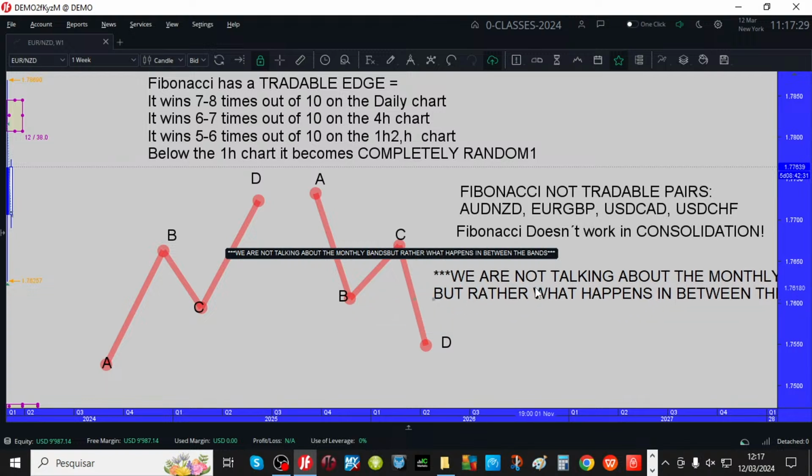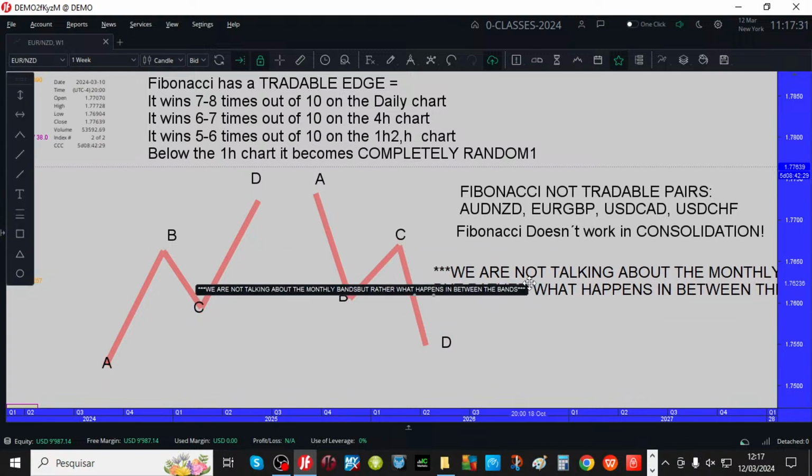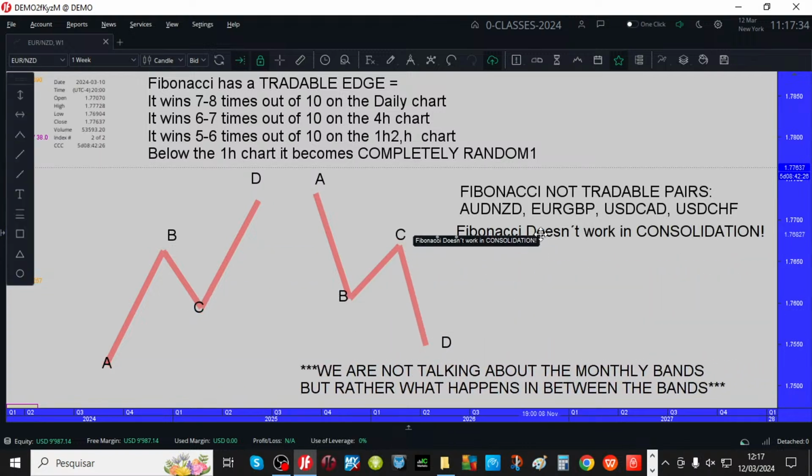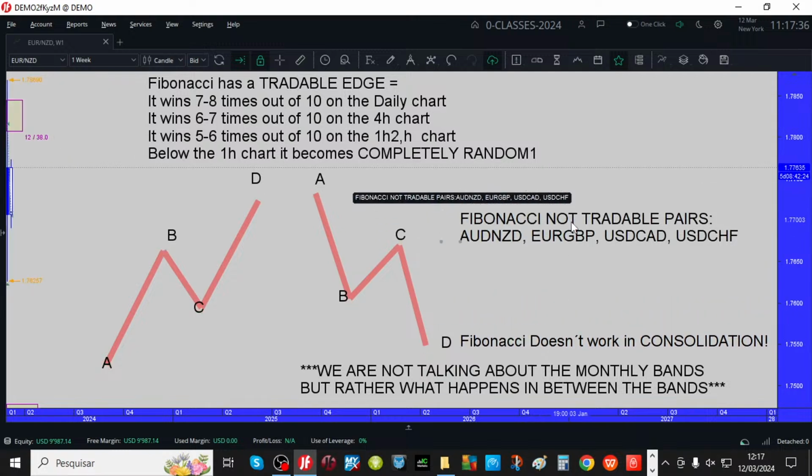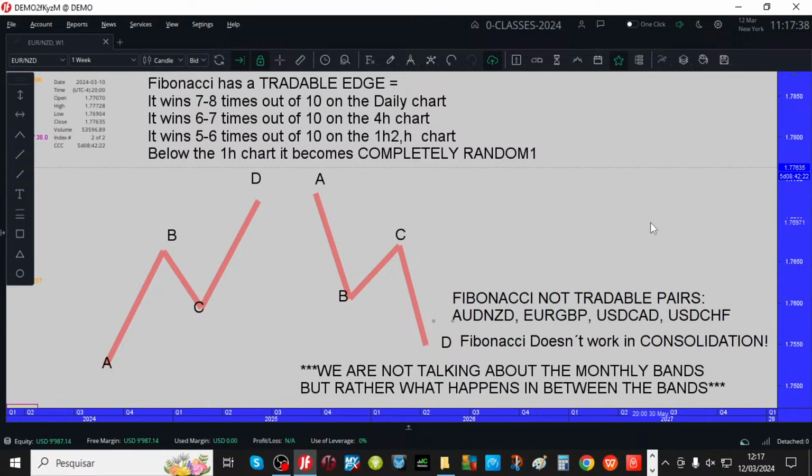Alright everybody? Just to be clear, Fibonacci doesn't work in consolidation, those are the pairs.